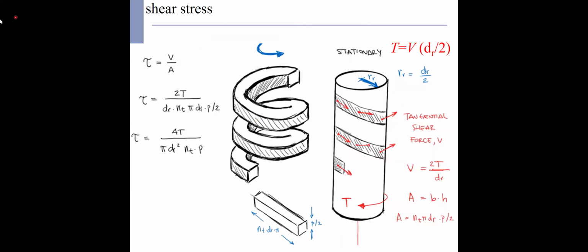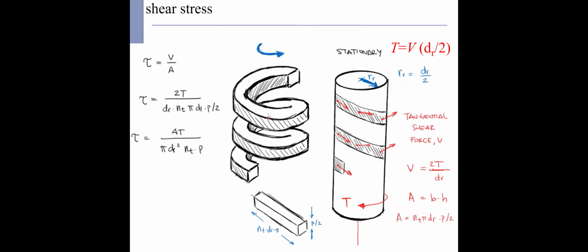The next stress is the shear stress. If we take part of the thread and the shaft, where the thread has 2.5 turns, we can suppose we separate the thread and the shaft.